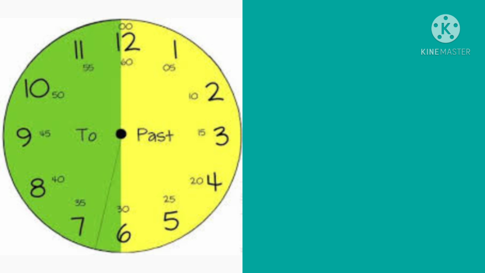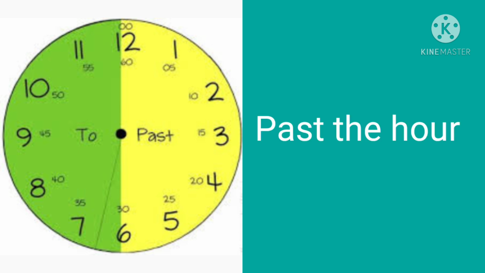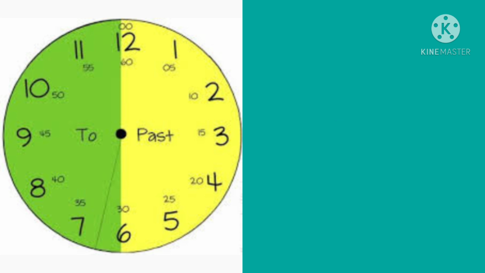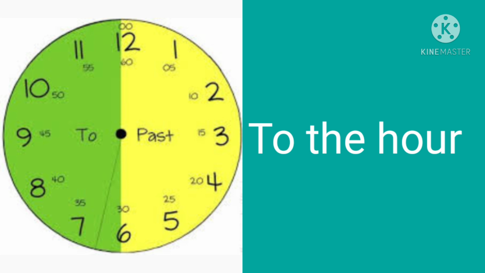When telling the time, if we imagine the face of the clock to be divided in half, and if the minute hand is on the right side, we say past the hour. And if the minute hand is on the left hand side, we say to the next hour.